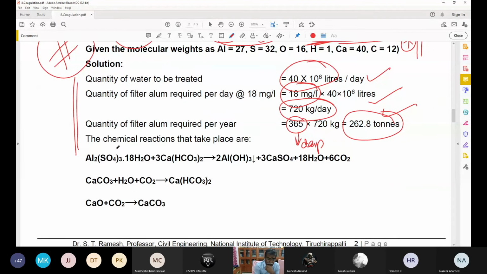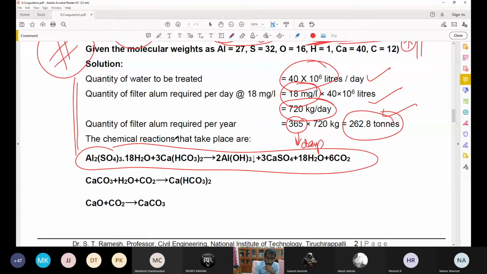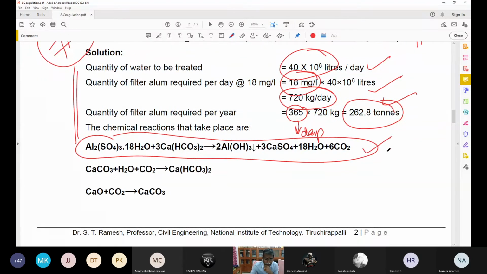Okay. Then this equation, I am already familiar. Alum with sufficient alkalinity will form aluminum hydroxide, calcium sulfate, and carbon dioxide. Alum reactions we are already familiar with. If I add calcium oxide in the water, it will form calcium hydroxide.